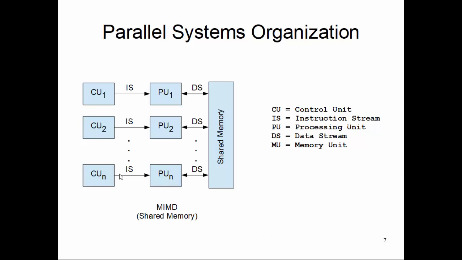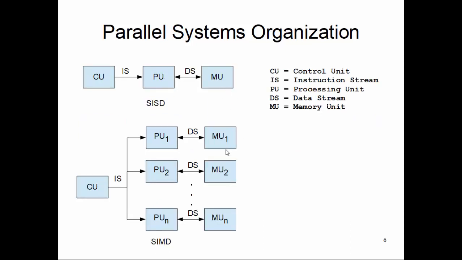So that's your multiple control units controlling multiple processing units. Multiple processing units are getting their data through multiple data streams, but the source of the data streams is one single shared memory.